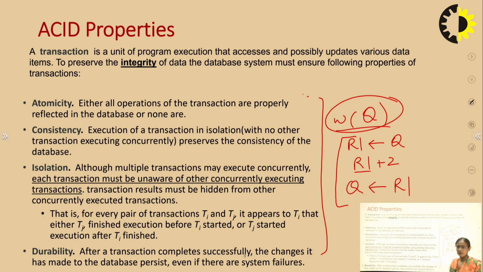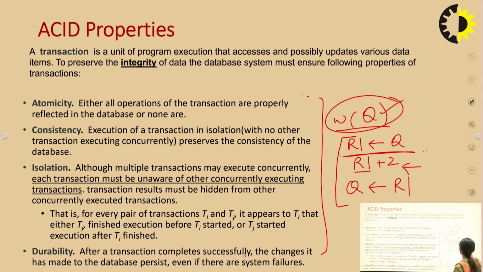What will happen if the system crashes after this, and you allow another transaction to work on this data item Q? That particular transaction is going to read the old value of Q. And you have learned context switching in operating systems.